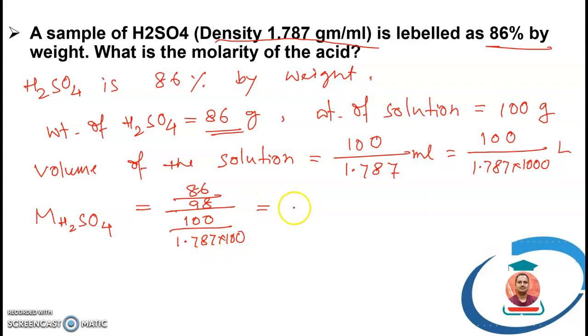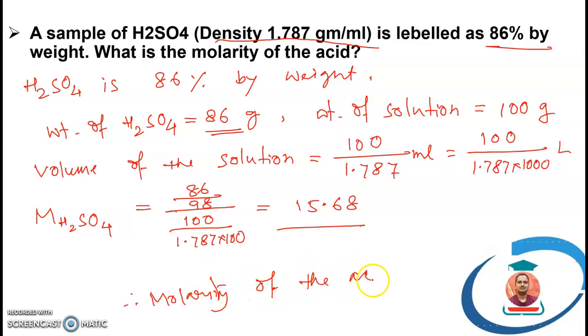After this calculation, it comes to 15.68. So this is the molarity of the solution. So the molarity of the acid is 15.68. This is the answer.